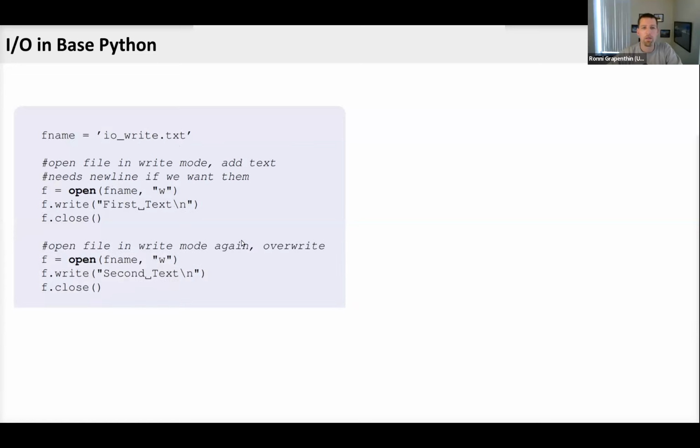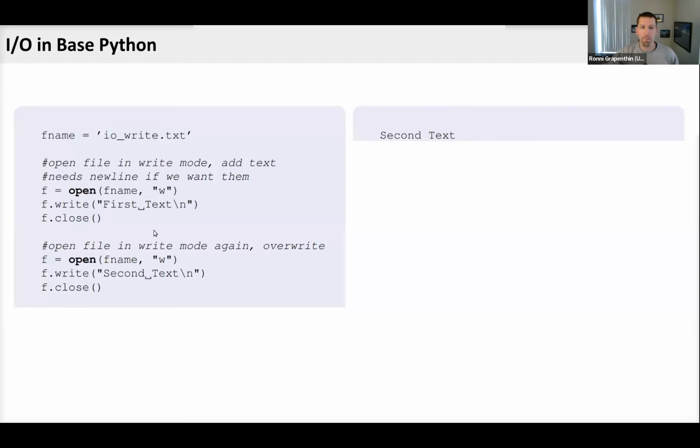Then we open the file in write mode again and overwrite it. What happens is if you open a file in write mode, you write something in it, you close it, and then you open it again in write mode, you're overwriting everything that's in there. So all you see in the iowrite.text file is second text, not first text.